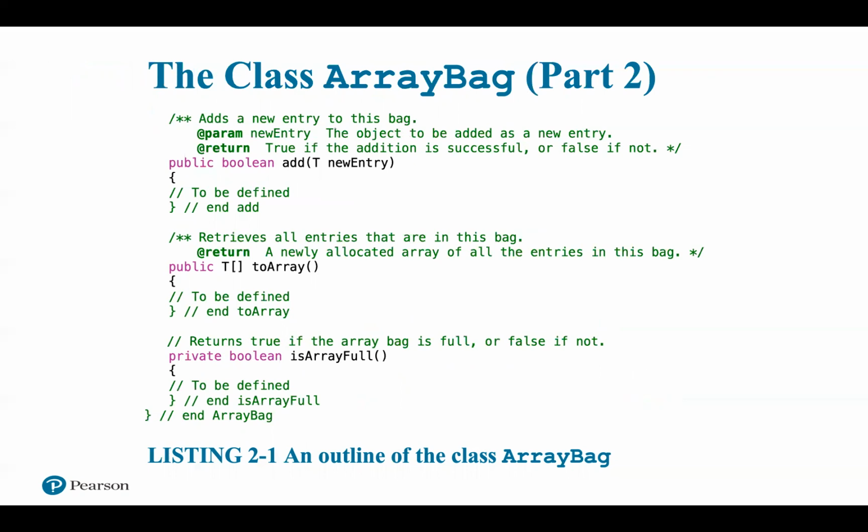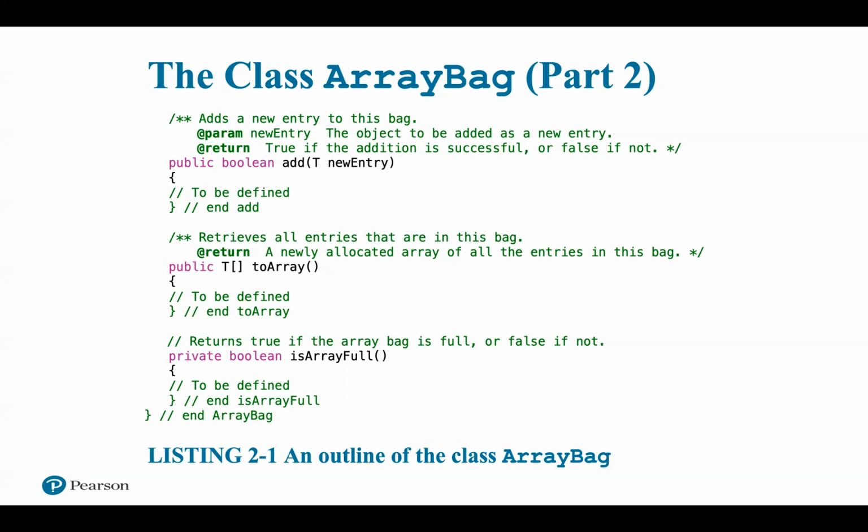Otherwise, we simply add a new entry immediately after the last entry in the bag by writing the statement bag[numberOfEntries] = newEntry. For adding to an empty bag, numberOfEntries would be 0 and the assignment would be at position 0.